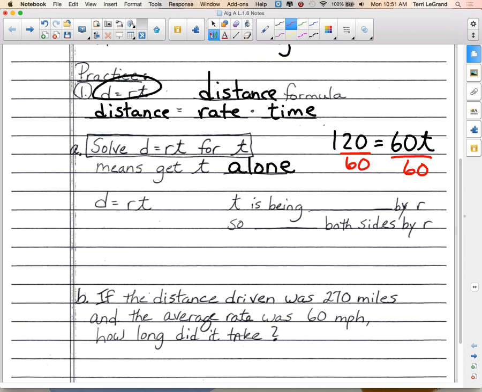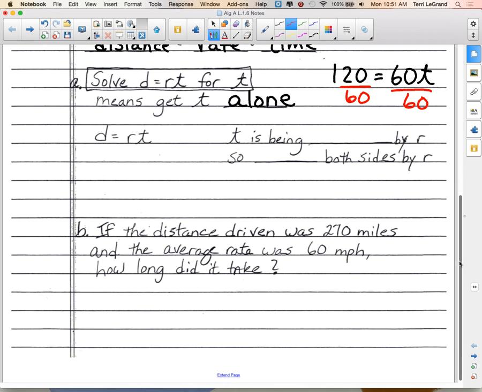Well, we don't have any numbers in our formula. So we have to take it in the D equals RT form, and we have to get that T by itself. T is being multiplied by R, right? So we just have the same thought process as we do up here when we said T was being multiplied by 60.